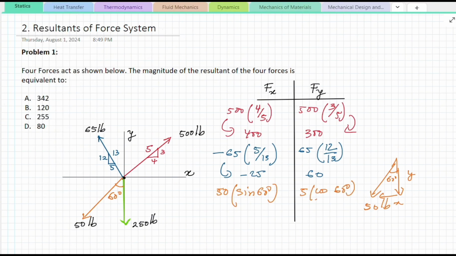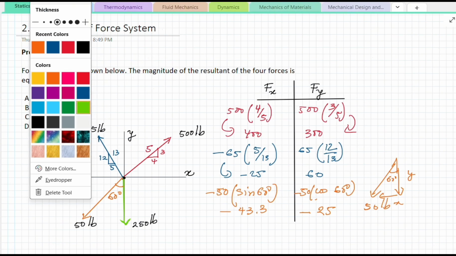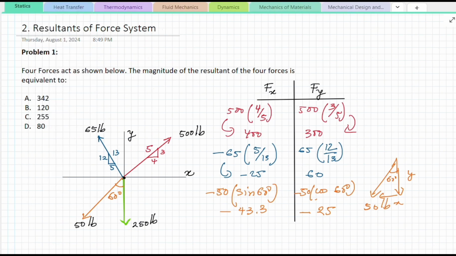Last thing, we check the signs once again, and both components are facing the negative sides of each axis, so both will be negative. Plugging these numbers into the calculator yields negative 43.3 and negative 25.